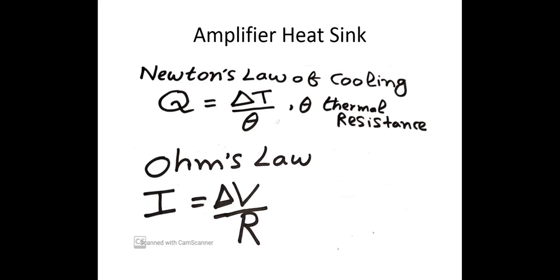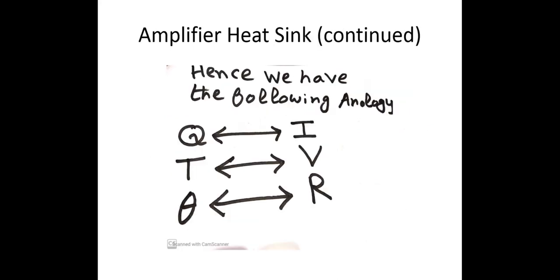Now this is mathematically analogous to the Ohm's law, where the current is directly proportional to the voltage difference and inversely proportional to the resistance. So by comparing these two equations, we can construct a mathematical analogy as follows.